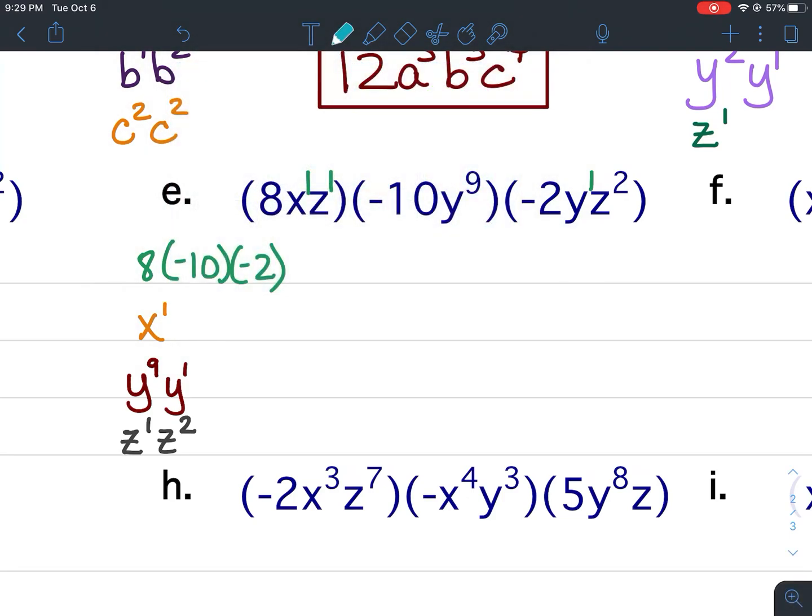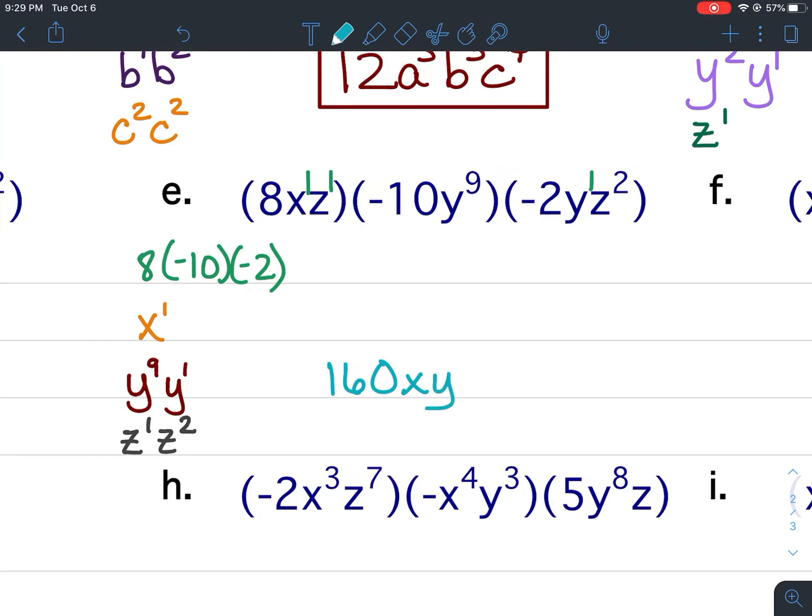All right, now for my final answer. I'm going to multiply my coefficients. Sorry, 8 times -10 times -2. There's two negatives there, so it's going to become positive 160. I only have one x term, and I don't need to write the exponent of 1, so it'll just be x.